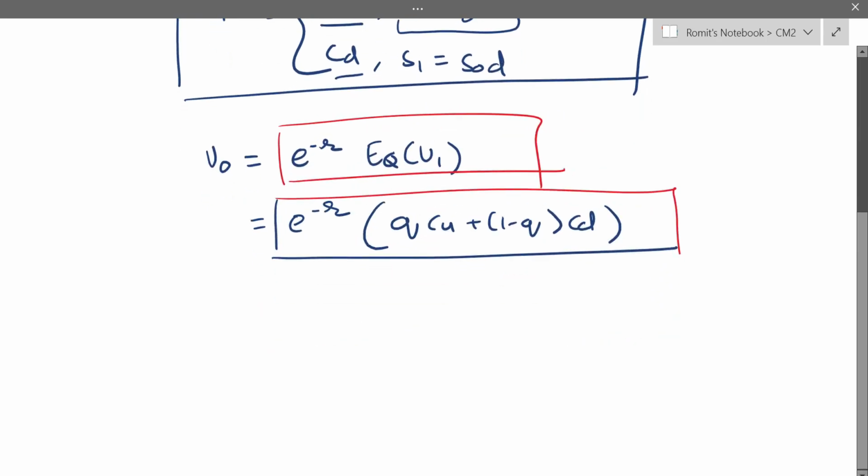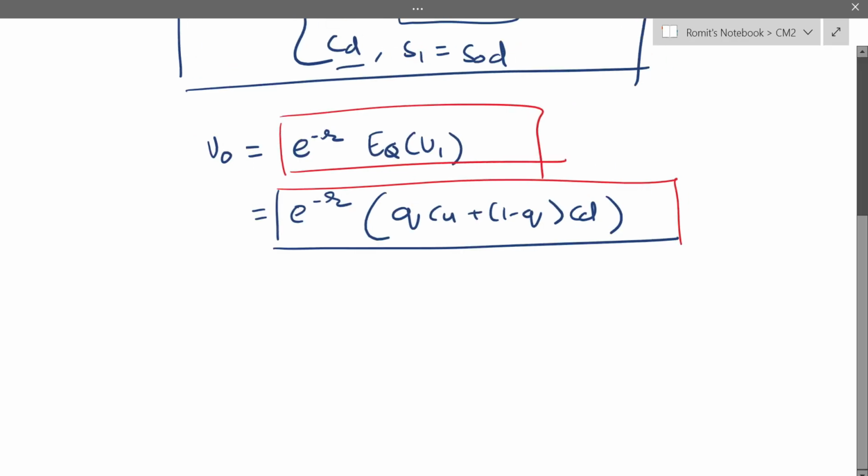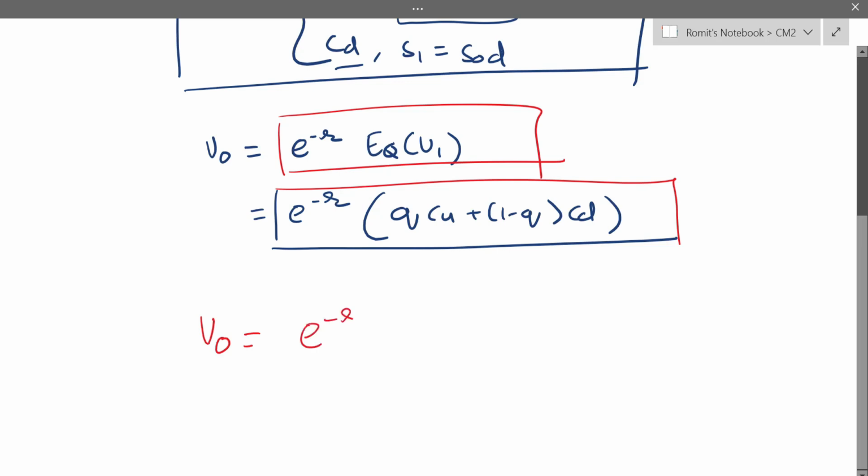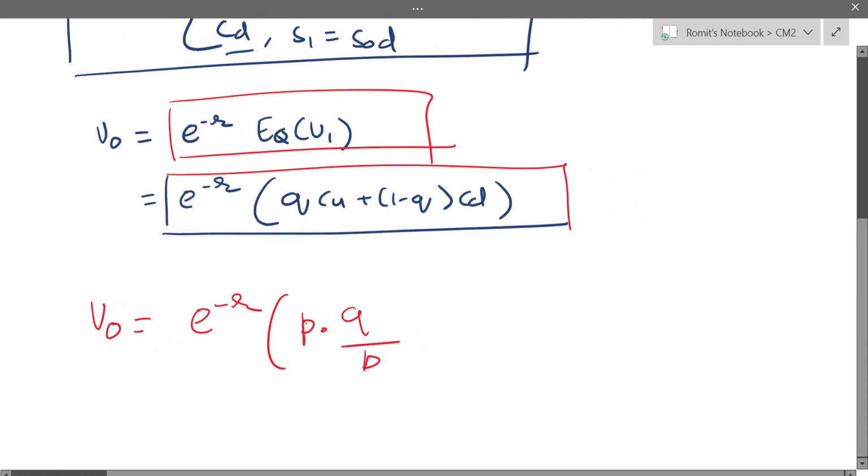Now let's try to convert this to the state price deflator version of things. So now how it will work is, let's just take V0, and it will be equal to e to the power of minus r. But what I'll try to do is I'll also try to introduce the real world probability along with the risk neutral probability. So the real world probability in this case is P. So what I'll do is I'll multiply and divide by P. So P times Q by P, times Cu.